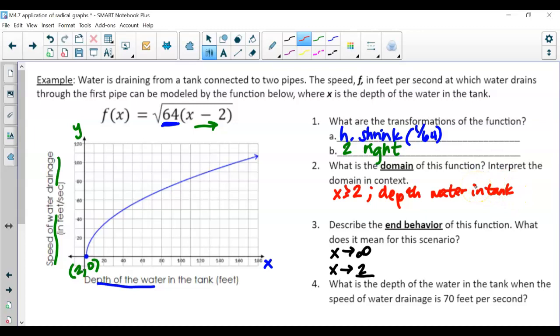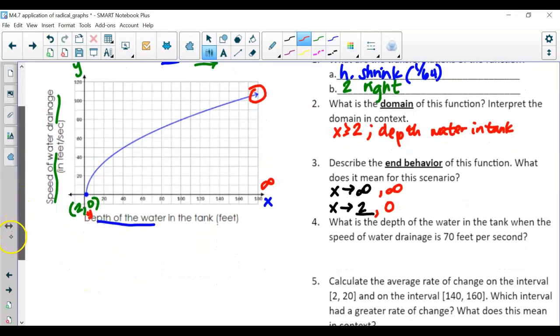Now the end behavior: as x is approaching infinity, what is our end approaching? Infinity as well. Now, as we're approaching 2, what is our end approaching? 0. So as the depth of water is approaching 2, the speed of the water is approaching 0, because that is our y.